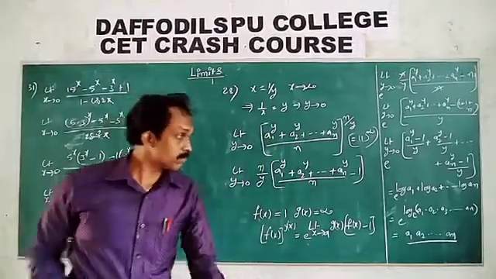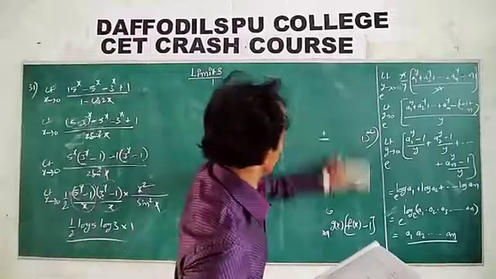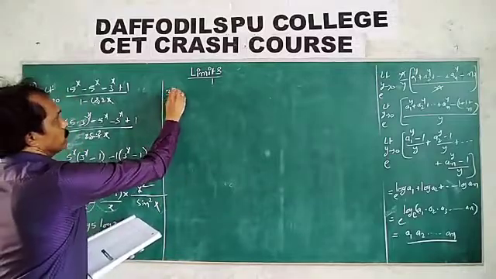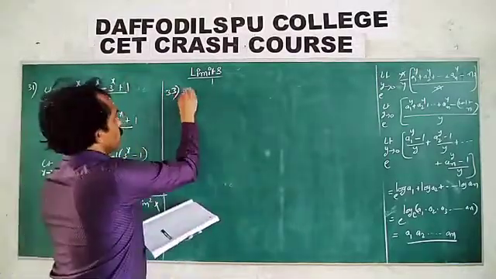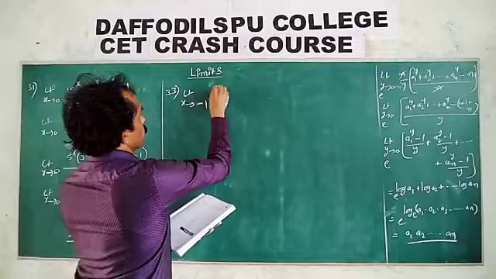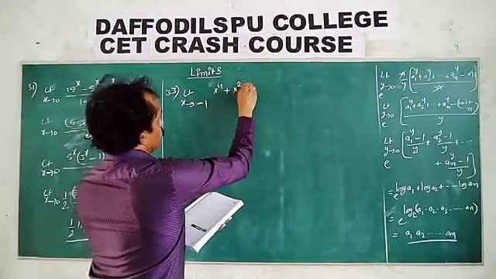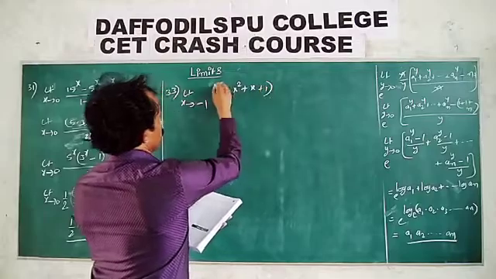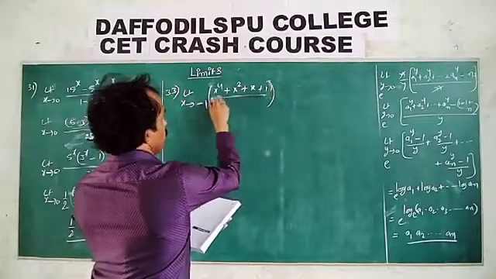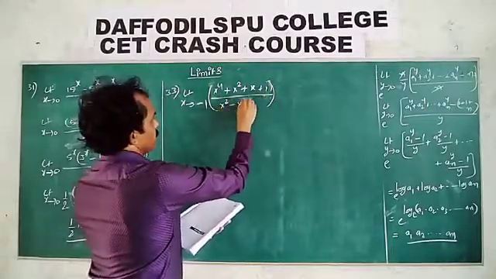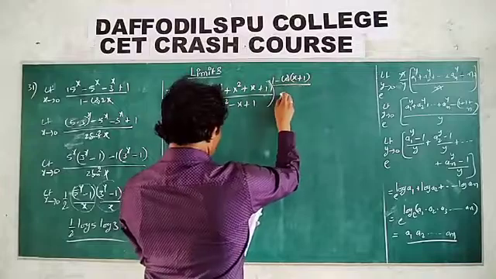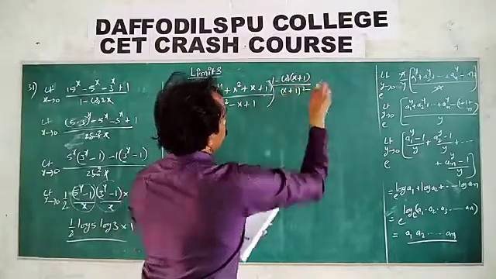And 33: limit x tends to minus 1 of (x^4 + x^2 + x + 1) divided by, whole bracket, (x^2 - x + 1), to the power of (1 - cos(x + 1)) divided by (x + 1) whole square.